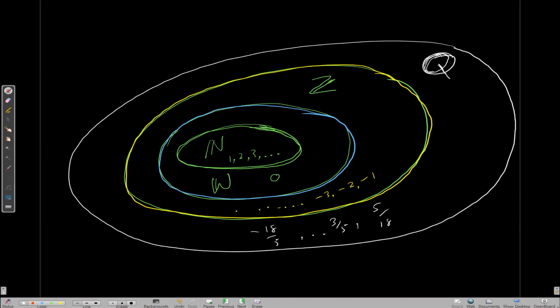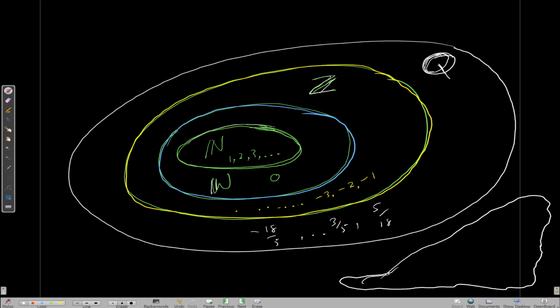So rational contains integers. Integers contain whole numbers. Whole numbers contain natural numbers. But irrational, if I try to draw this, this is not perfect, I must draw irrationals much bigger than this, but since I don't have space, irrationals. Normally for the notation, some books use I and some books use Q prime. There's a reason, because it is outside Q.